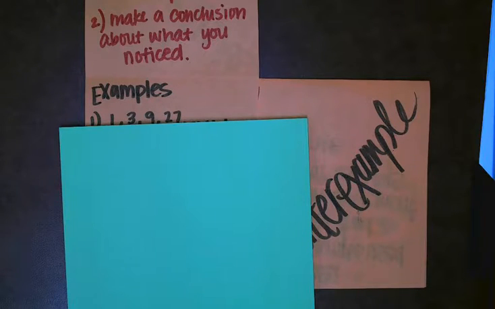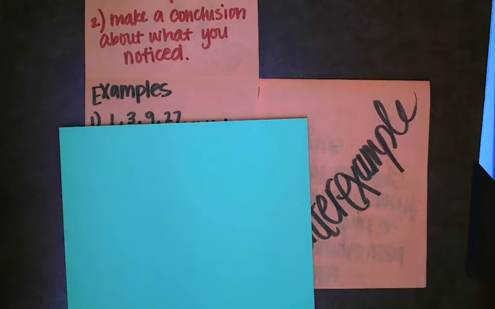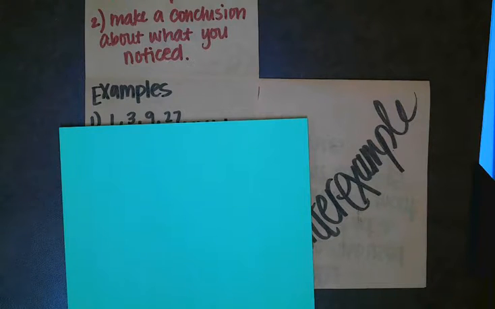Oh, I already know what it is. How about you write it down? What the next number is going to be. Yeah, write down the number. What do you think it's going to be?